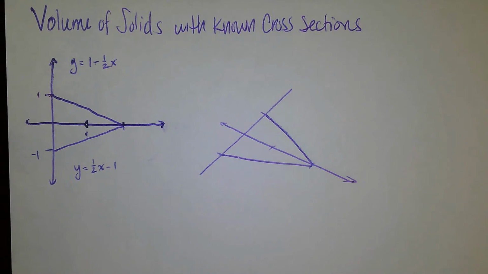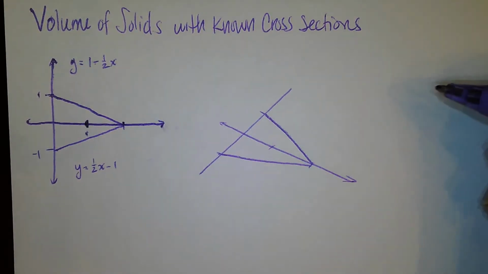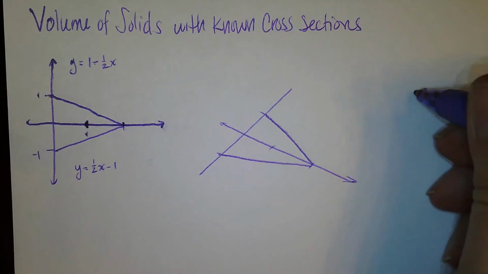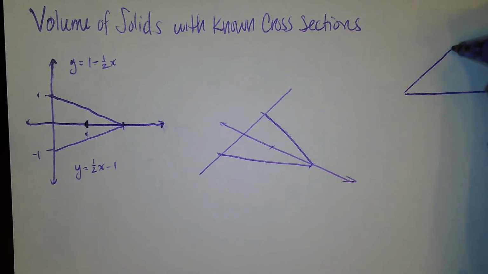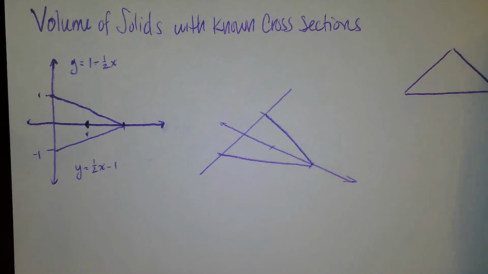Now, for our known cross section, we're going to make each cross section of this triangle another triangle, and the triangle is going to be of specific ratios. You kind of have to know the area of your cross section.